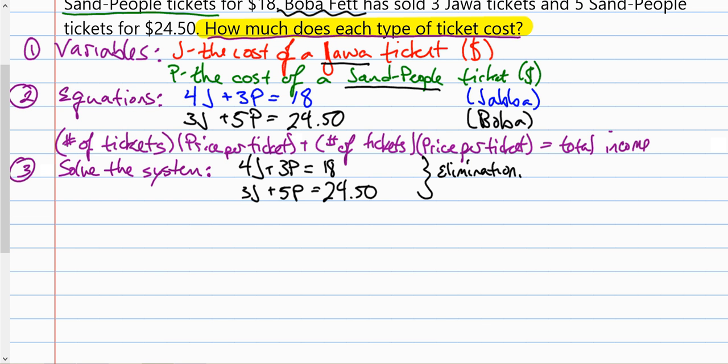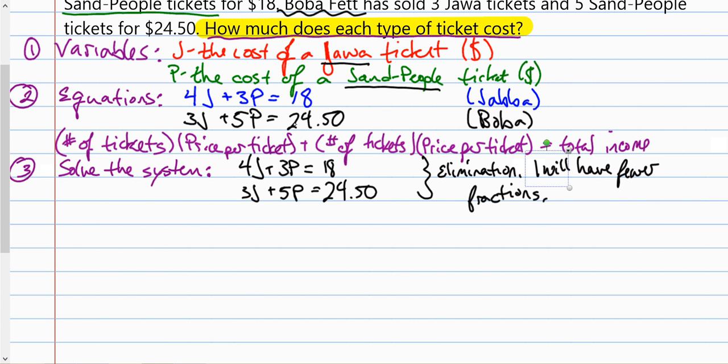And the reason I'm defaulting to elimination is that I will have fewer fractions. And I know you, as a Math 95 student, you like it when we have fewer fractions. I don't mind them so much, but when you can clear them, it's nice.